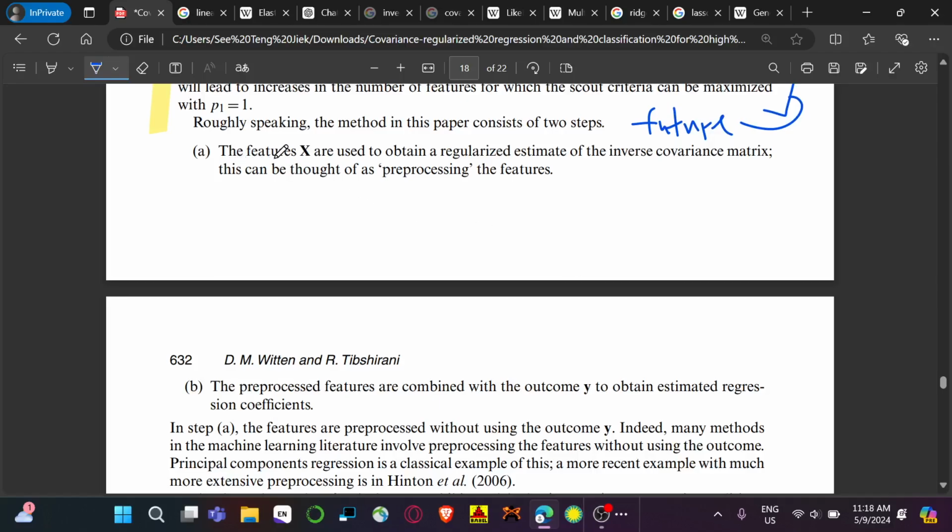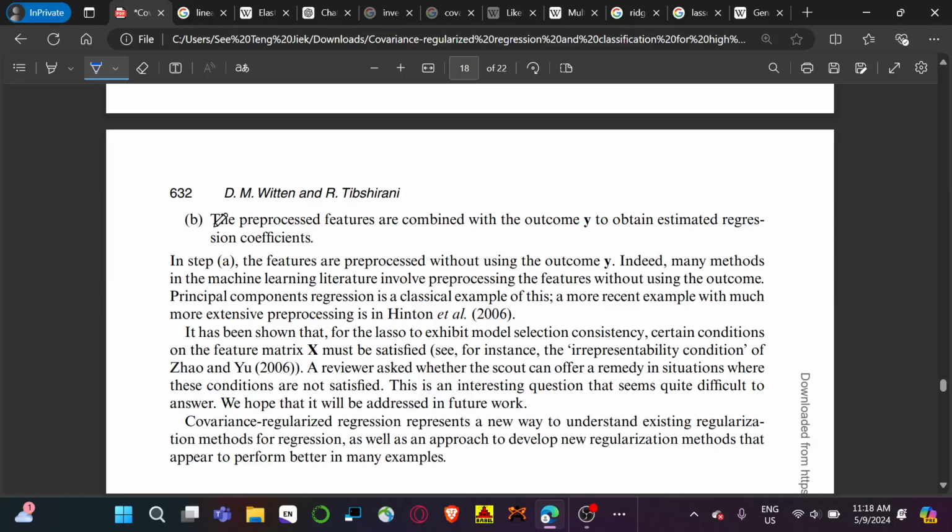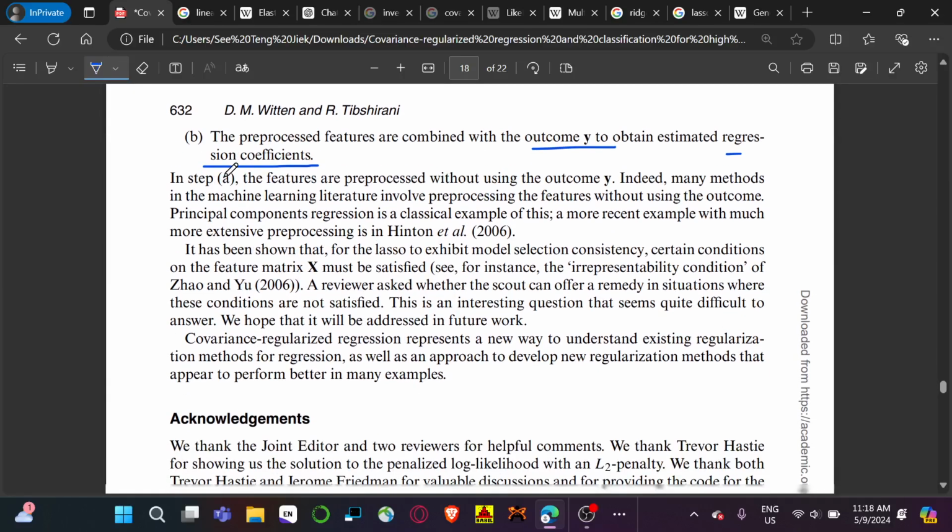The features X are used to obtain a regularized estimate of the inverse covariance matrix. This can be thought of as pre-processing the features, which is standard. Next, the pre-processed features are combined with the outcome y to produce an estimated regression coefficient. Basically, you just use the pre-processed features and the y label to get your model parameters.